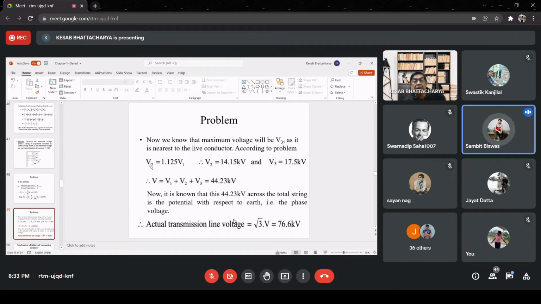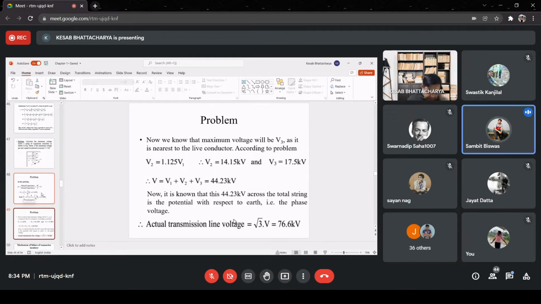Sir, V1 equals 12.58 kV. Then V2 is equal to 1.125 V1. Sir, 1.39 V1 equals 17.5 kV.